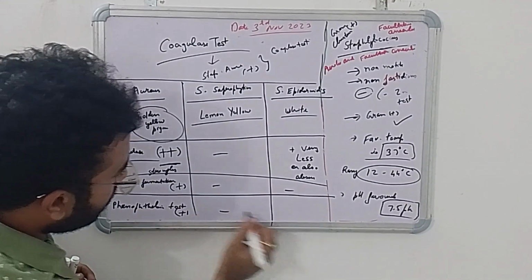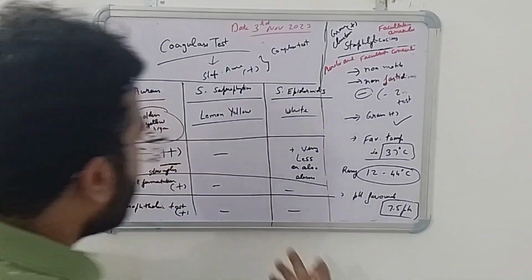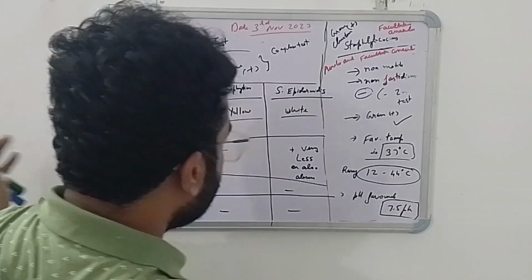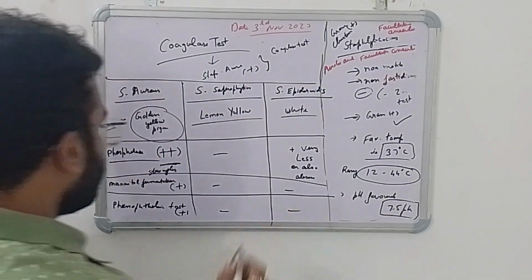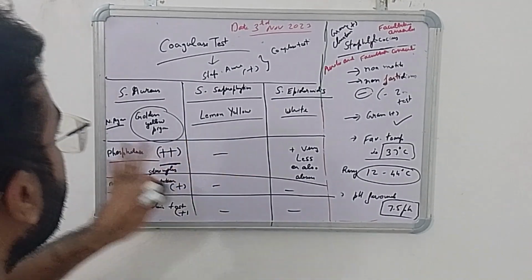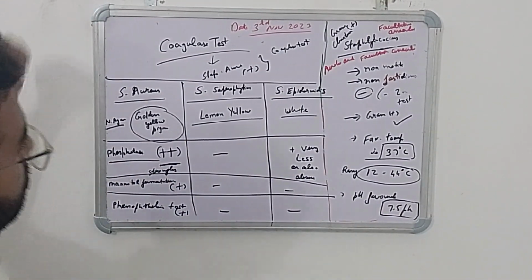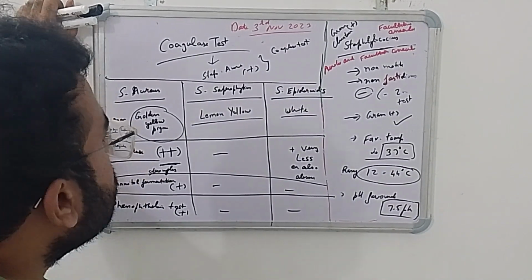Positive, negative, because here it can give some positive, but it's very less, so it's almost negligible, so it will be negative also. Yeah, these are some of the famous tests. And if you use MacConkey agar, there will be pink colonies, and S aureus also.